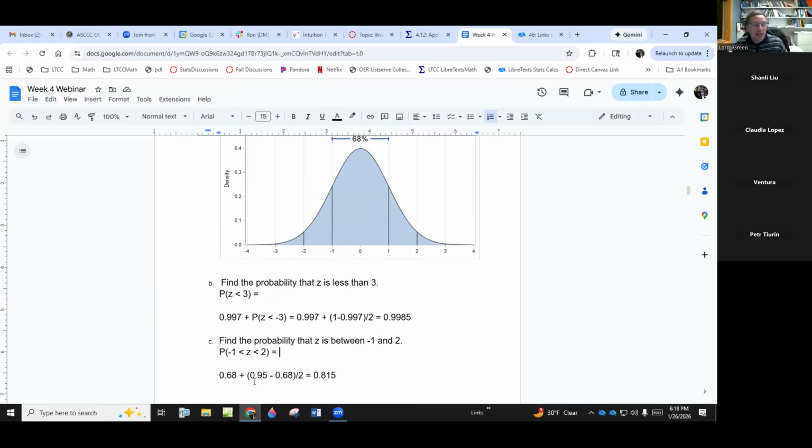So I'm going to take 0.95, that's the between -2 and 2. And then I'm going to go minus the 0.68 between -1 and 1 and divide by 2. So that'll be this bar right here between 1 and 2. I add it to the bar between -1 and 1, the 0.68. So I get 0.68 plus 0.95 minus 0.68 divided by 2. And that gives you 0.815.